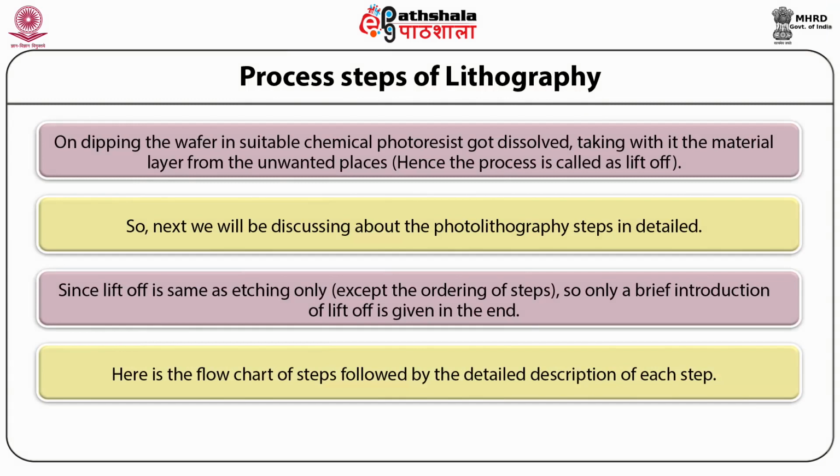You can see the schematic for the photolithography process in the figure. The first step is the cleaning of the substrate, then the spin coating of photoresist, then pre-baking, after that UV exposure, after the exposure we develop, then post-baking, then etching and finally stripping. Now let's study these steps in detail one by one.